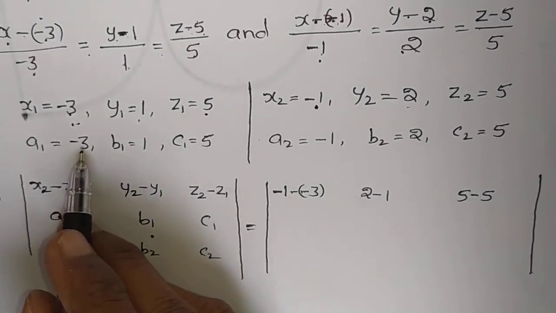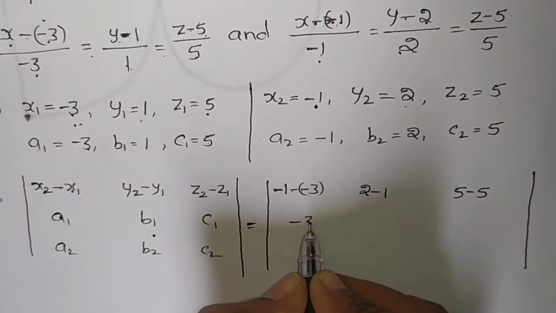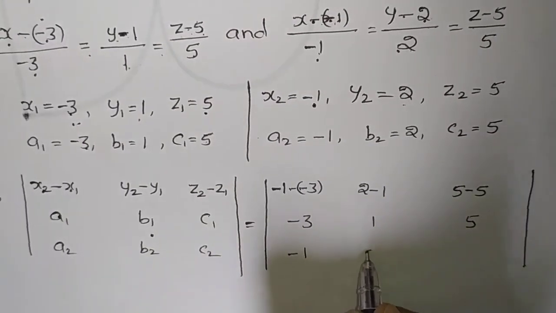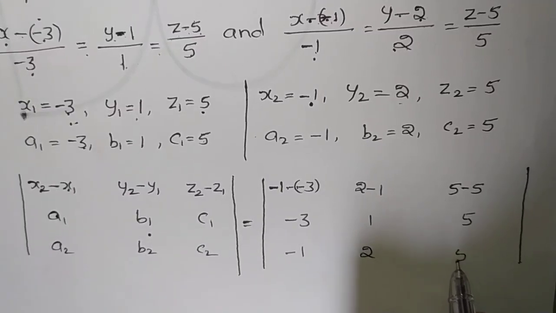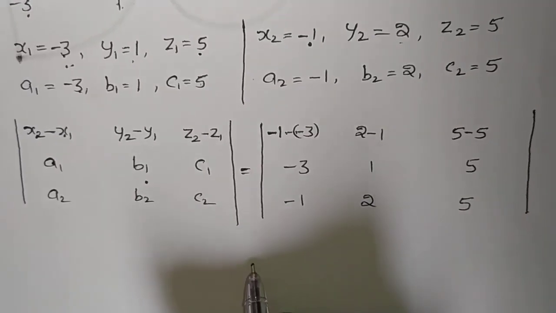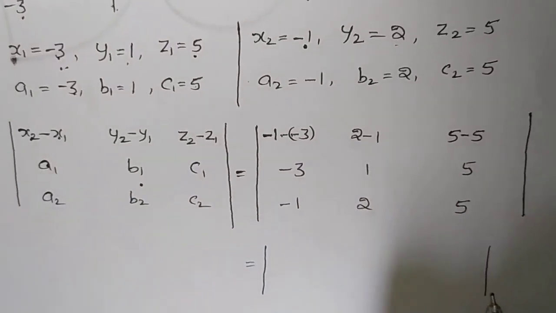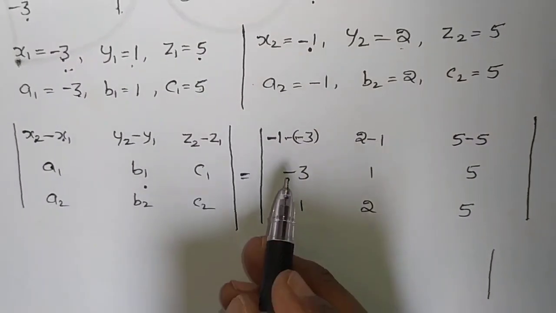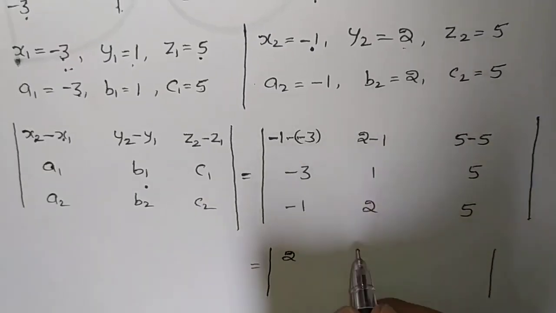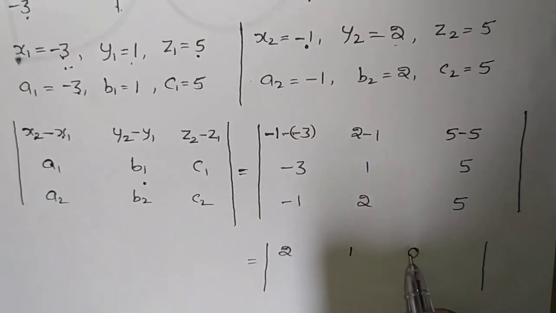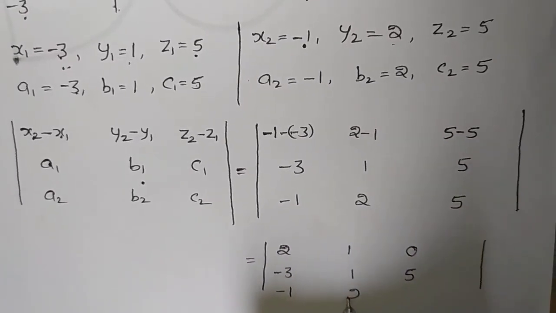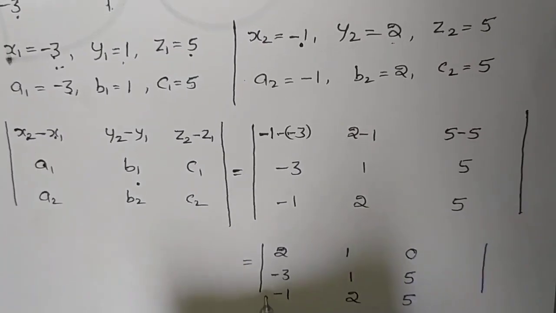Next, a1, b1, c1 are minus 3, 1, 5, and a2, b2, c2 are minus 1, plus 2, and plus 5. Simplifying, the determinant has first row: minus 1 minus of minus 3 is plus 3, 2 minus 1 is 1, 5 minus 5 is 0. Second row: minus 3, plus 1, plus 5. Third row: minus 1, plus 2, and plus 5.